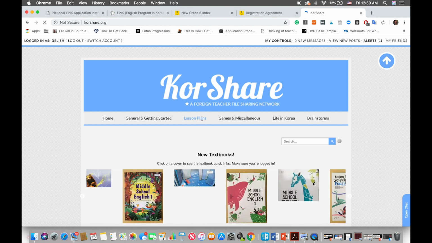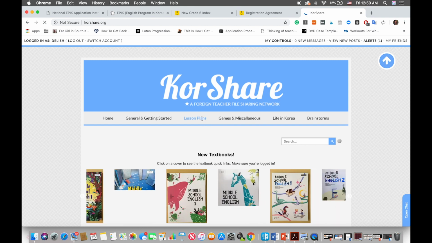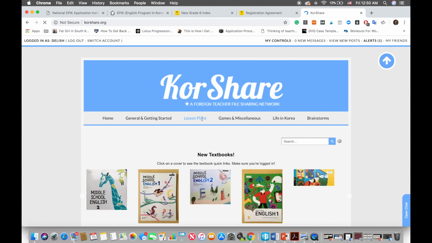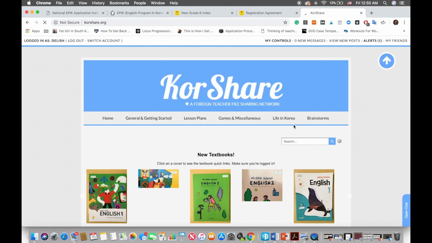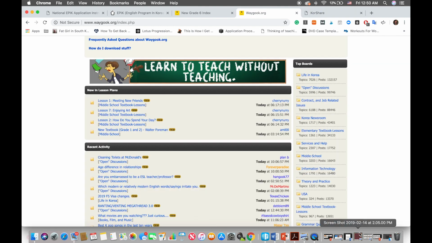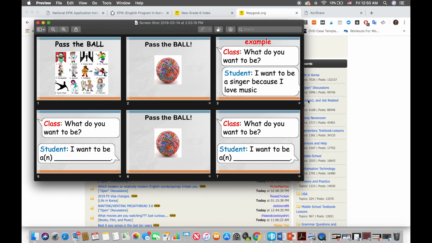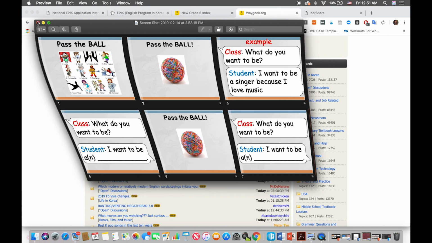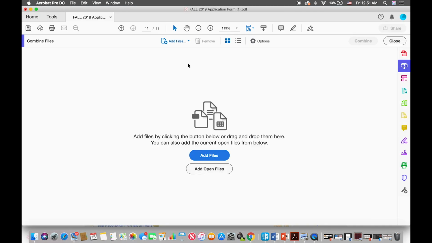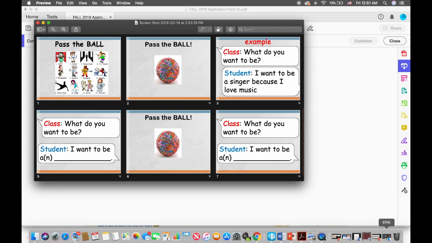So you can come here and get ideas of what games you want to use in your lesson plan and download it. And then once you're done, you want to have your screenshots with your material, put those in 2 pages, and save it as a PDF document, because they said that all of your PowerPoints have to be in 2 pages.